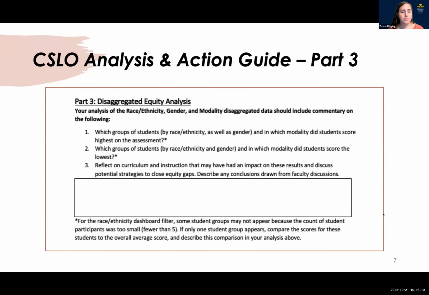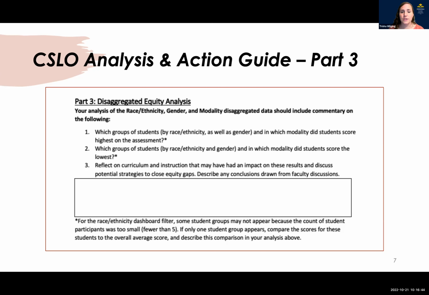Part 3 helps us to meet some of our accreditation standards specifically, but also really gives us insights into how our different student groups are performing so that we can ensure that all of our students are really achieving equitably, right? And so we ask faculty to reflect because our dashboard permits this kind of disaggregation.